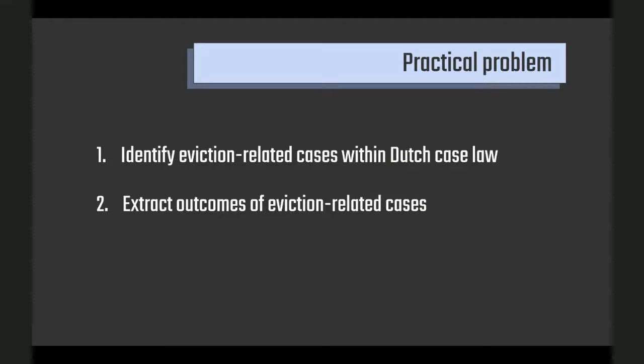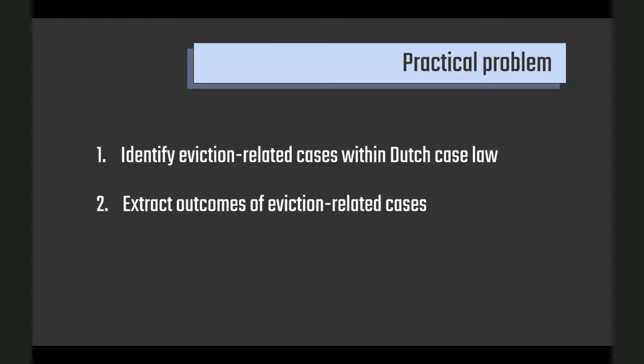So specifically in this work, we try to do two things. First, identify eviction-related cases within Dutch case law. So any cases that are deciding whether somebody will be evicted or not, and then within those cases extract outcomes of them. So whether somebody indeed was evicted or was not.